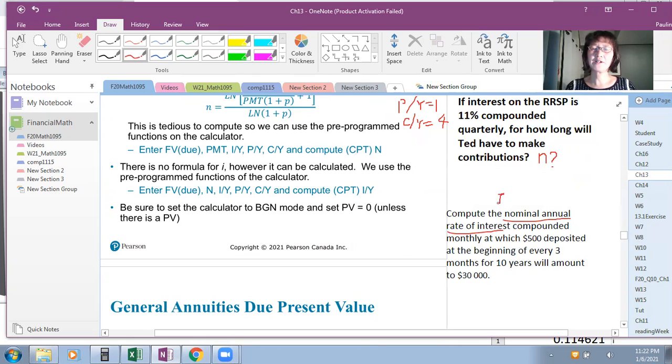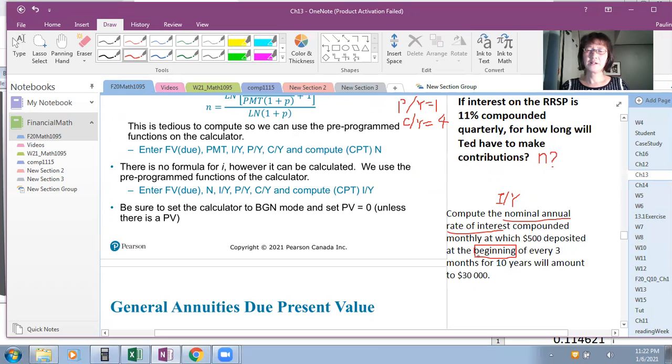Remember, when you calculate I/Y, there is no formula. You can either use a calculator or Excel. So let's use a calculator first. For the calculator, because the deposit is made at the beginning, this is an annuity due. Begin means due.